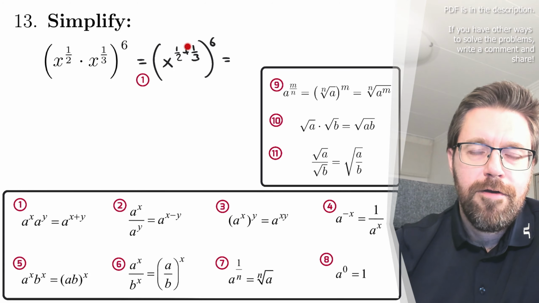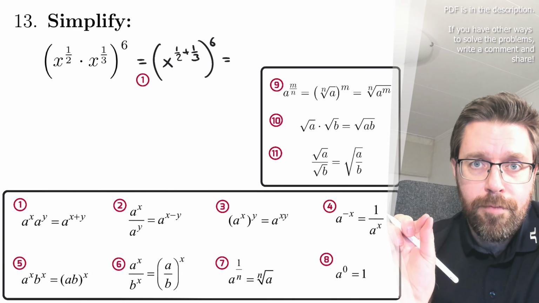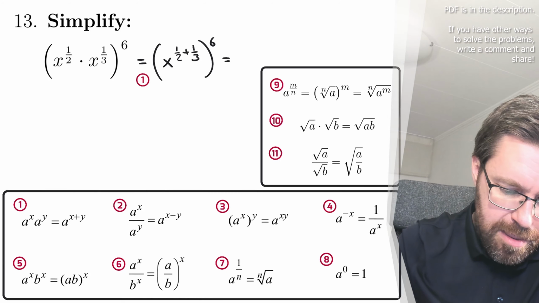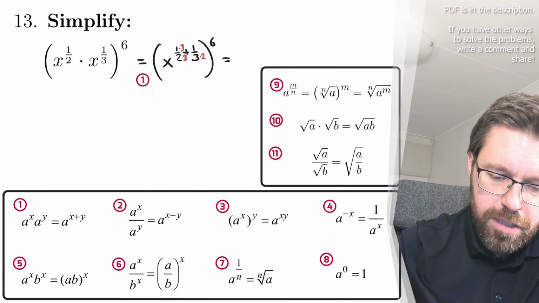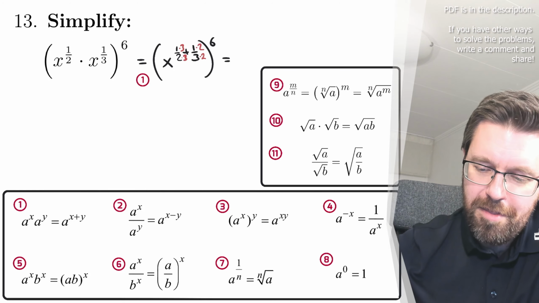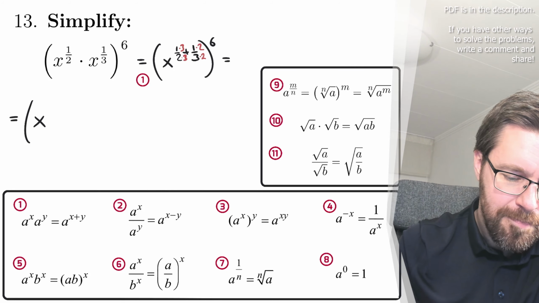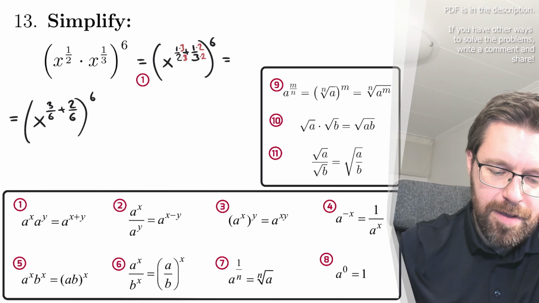But when you have 2 fractions and add them together, you must have the same denominator. So I have to multiply this one with 3 up and down, and this one with 2 up and down. So it equals x raised to 3 divided by 6 plus 2 divided by 6, and then raised to 6.